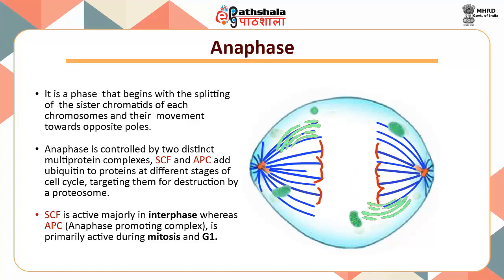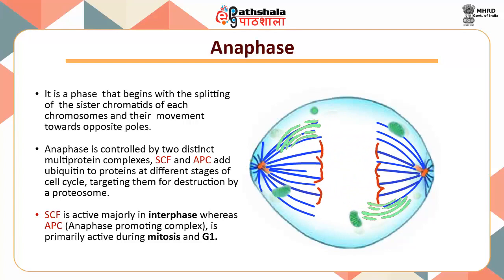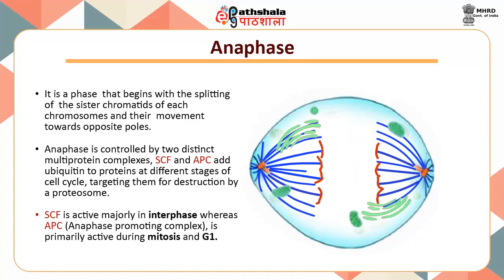As pointed out earlier, two distinct multiprotein complexes, SCF and APC, add ubiquitin to proteins at different stages of the cell cycle, targeting them for destruction by a proteasome. SCF acts primarily during interphase. In contrast, the anaphase promoting complex or APC plays a key role in regulating events that occur during mitosis.